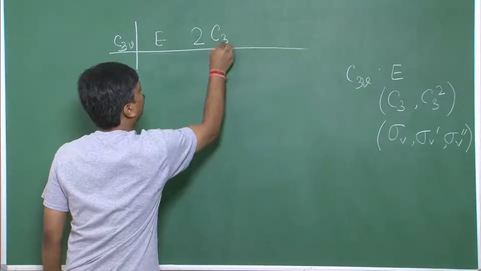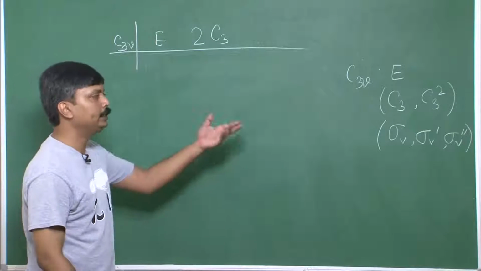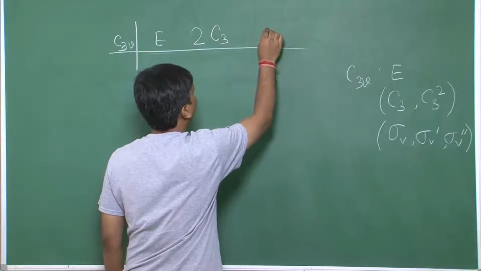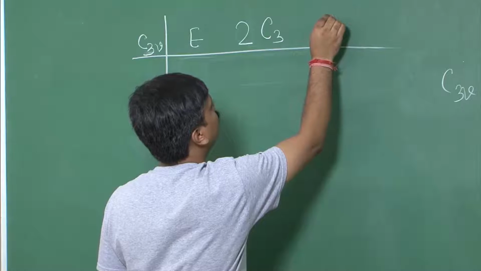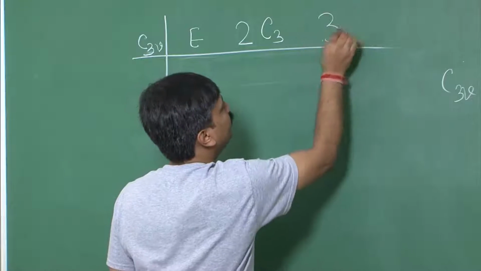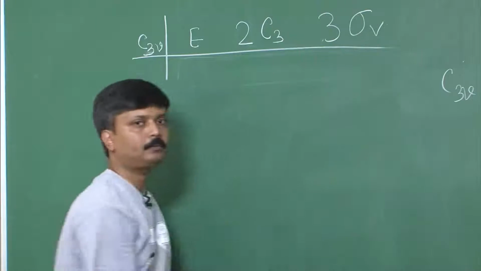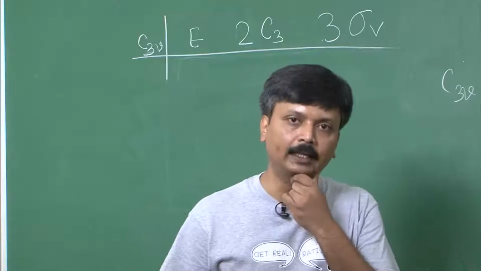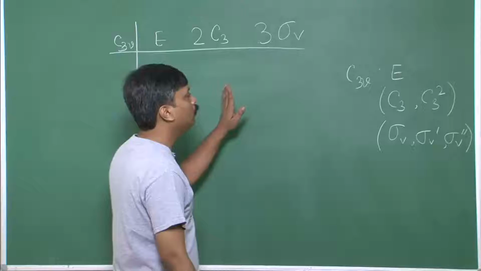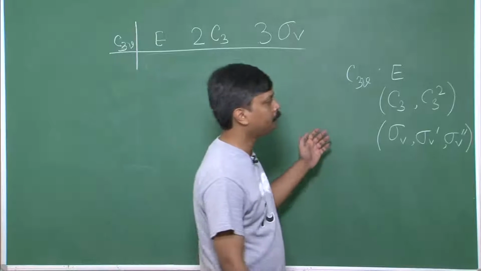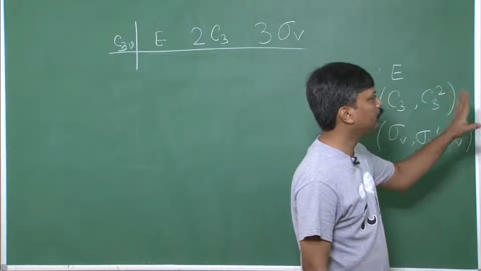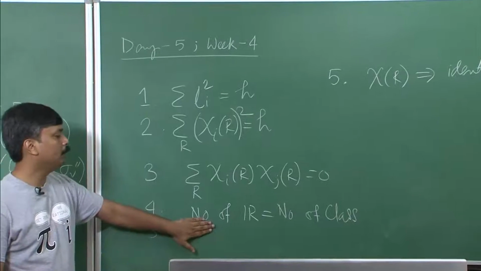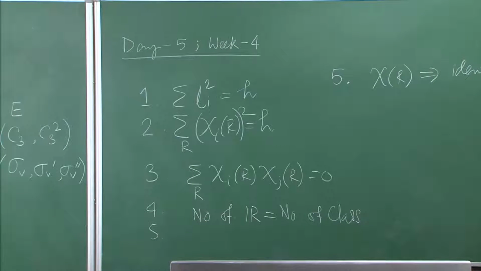Instead I can write 2 C3, because C3 and C3 square have the same character, and similarly 3 sigma V's. Now with this we have to form the character table of C3V. What we learned in the last class is that first we have to determine how many irreducible representations are possible. The number of irreducible representations is equal to the number of classes.